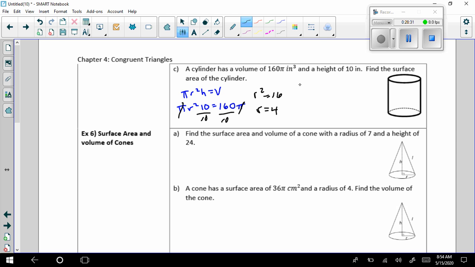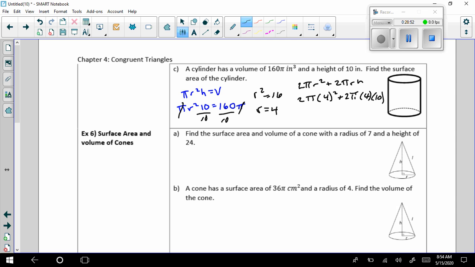And then you can find the surface area, because now we can do 2 pi r squared plus 2 pi r h. So 2 pi times 4 squared plus 2 pi times 4 times 10. Videos get a little long, so I'm speeding up here.